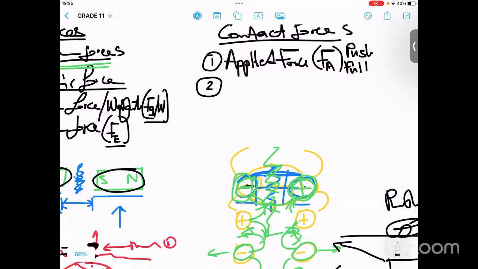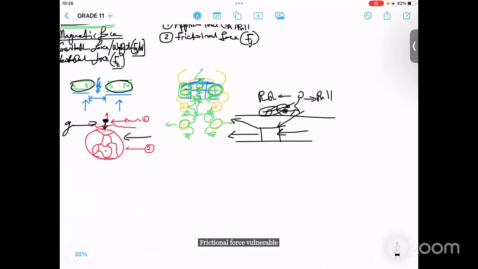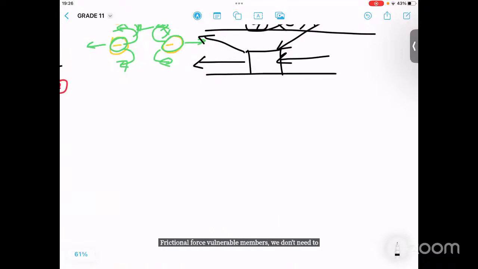Let's talk about frictional force. The short version of it, we can say capital letter F for force, small letter f for friction. Frictional force, honorable members, we don't need to stress that much about this one.